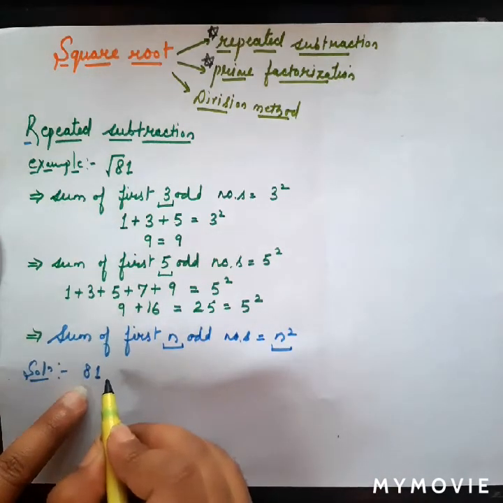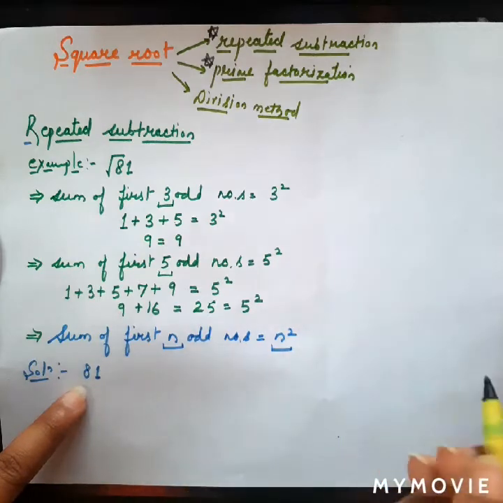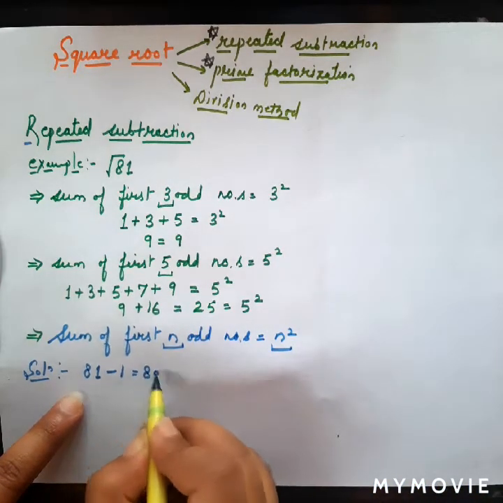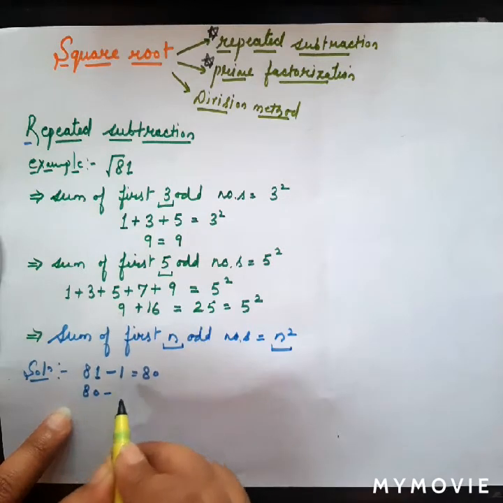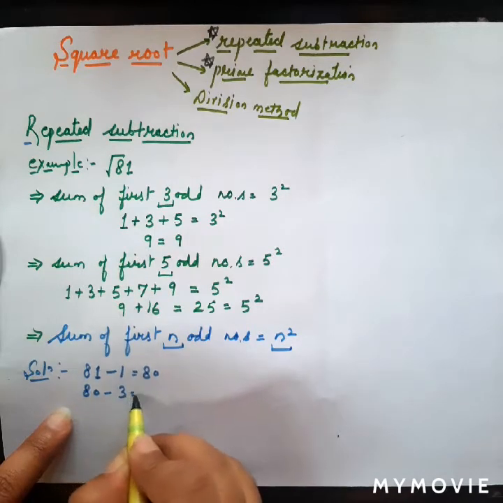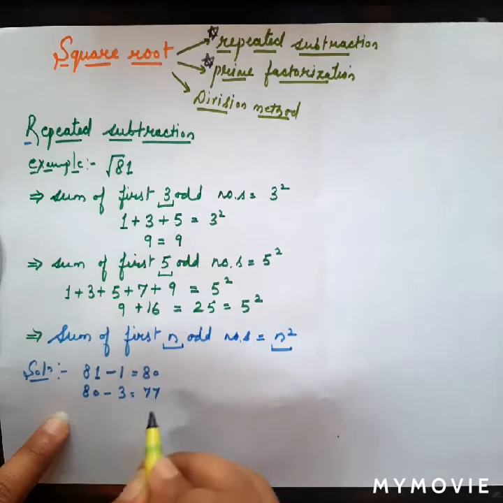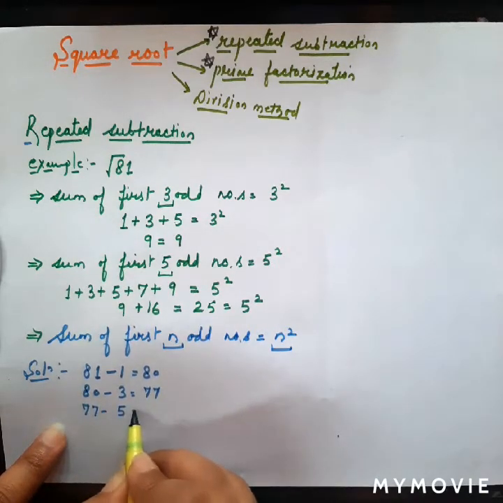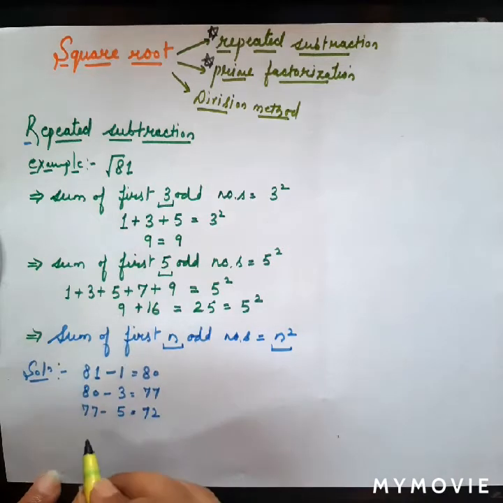First odd number, then second odd number, and keep on till we get 0. So 81 minus 1 is 80. 80 minus the second odd number, which is 3, is 77. Then 77 minus the next odd number, 5, is 72.